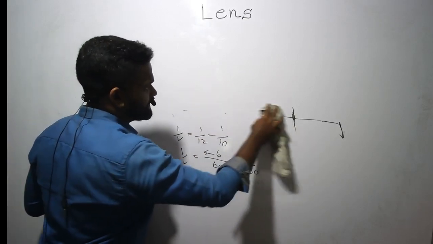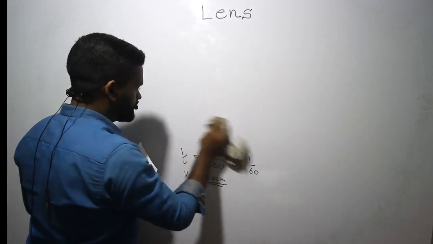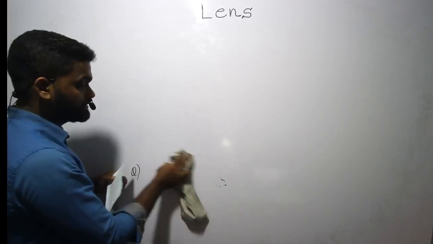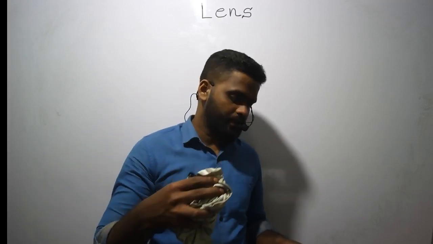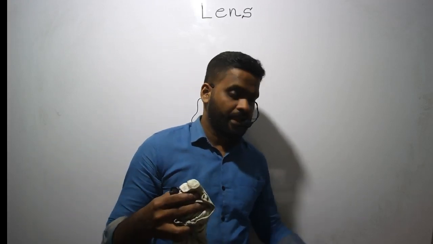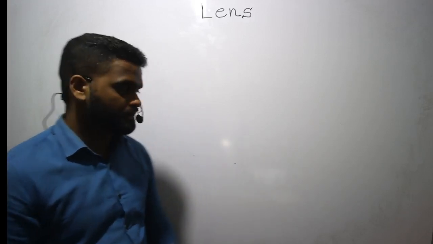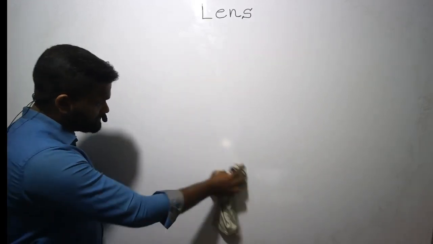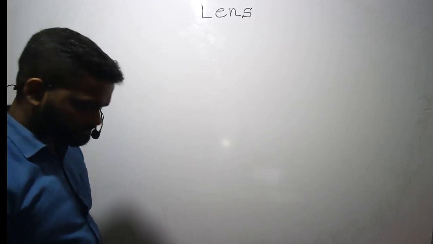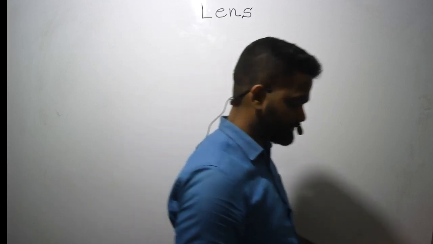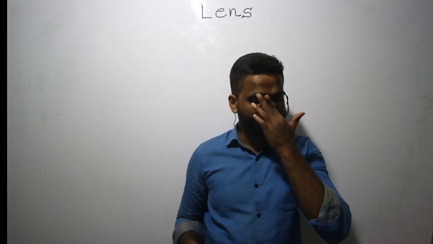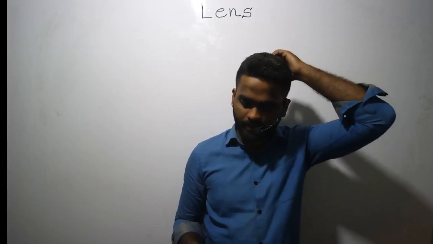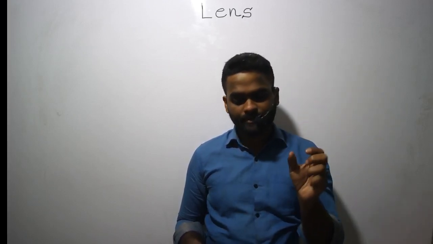Write down the definition of linear magnification: ratio between image height, within brackets capital H, and object height, within brackets simple h.